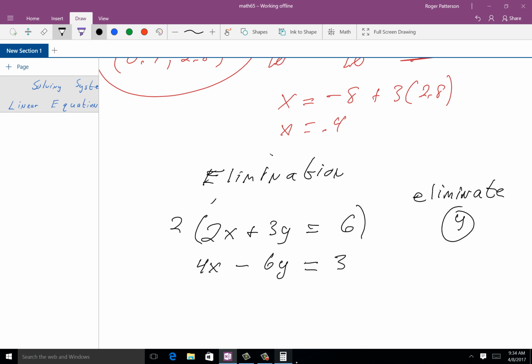So now I have a 4 here, and a 6 here, and a 12 here. Now, you might say, how can you do that and get it to work? Well, because you're not changing that equation at all. When you multiply this equation by a number, you're not changing it. It's the same equation, it's just bigger.